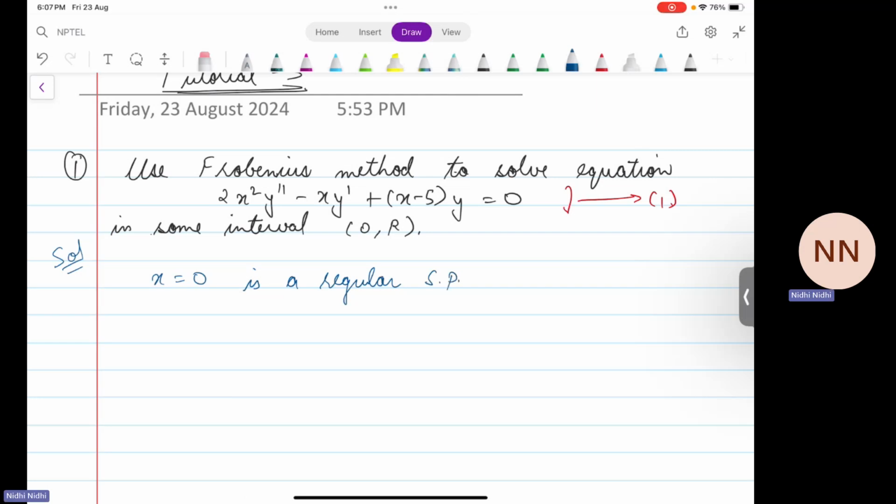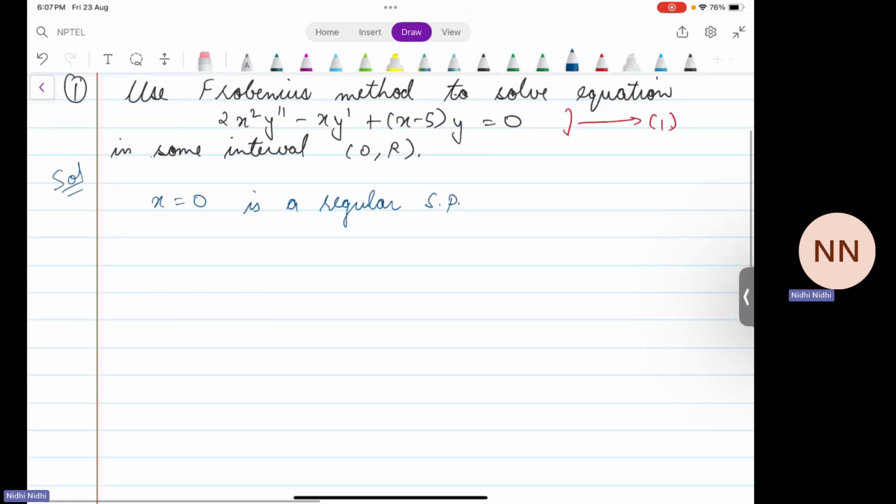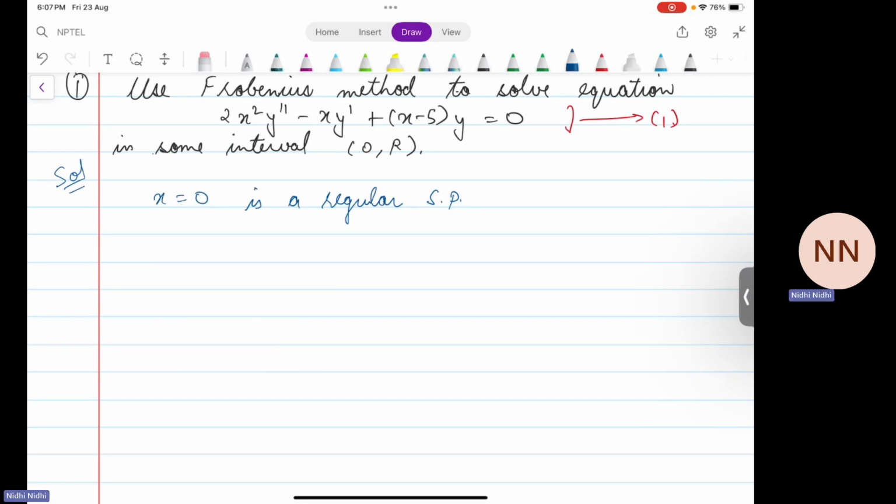If you want to know what is regular singular point, just go back to the previous lectures, you will get that. And hence there exists a solution y of x of the form summation n from 0 to infinity Cn x to the power n plus r, where C naught is non-zero.